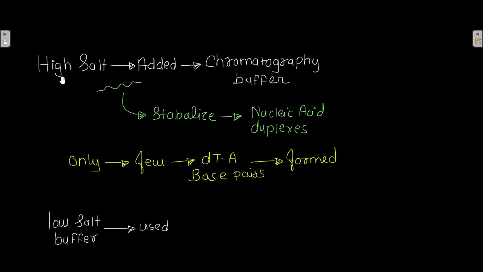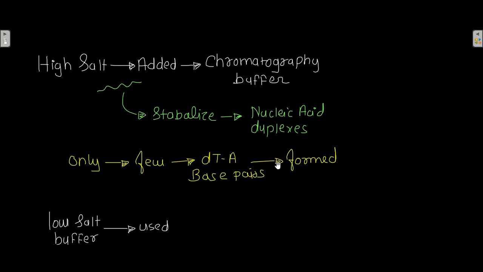Now, while doing oligo-dT cellulose affinity chromatography, high salt is added to the chromatography buffer. And what happens because of this? Well, this results in the stabilization of nucleic acid duplexes. And why do you do this? Because there are only a few A-T base pairs being formed.